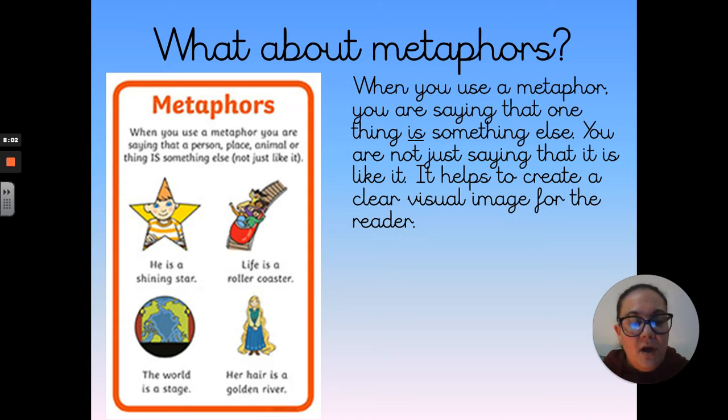So metaphors are really lovely descriptive ways of making sure that the reader has got a very clear visual image in their mind, so you can picture it. So when you're talking about him being a shining star, you're talking about somebody who is standing out, who is visible, who is making an effort to make sure they are seen.